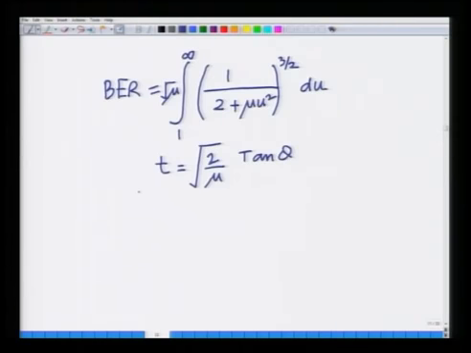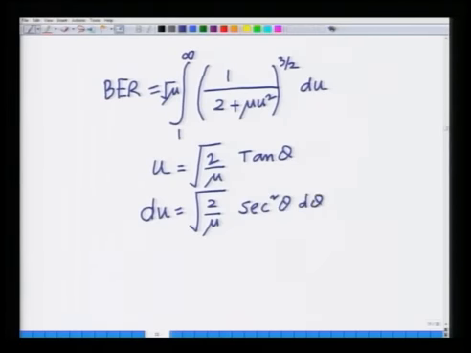I make the substitution u equals square root of 2 over mu tan theta, which means du equals square root of 2 over mu secant square theta d theta.